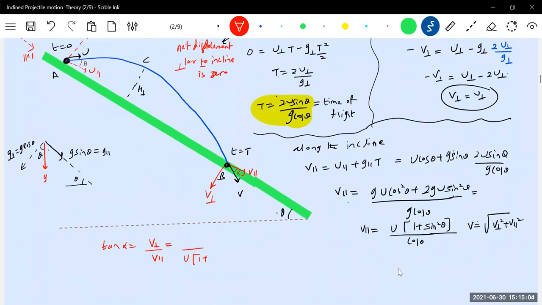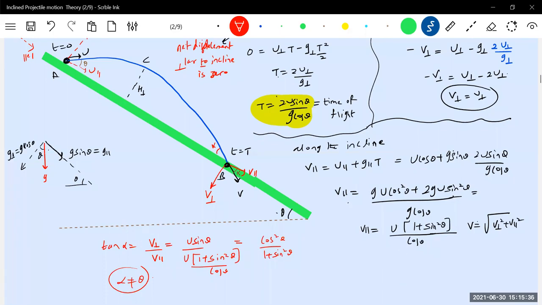I'll substitute the values. 1 plus sin square theta by cos theta. So this will become cos square theta. Will you agree that alpha should be equal to theta? Need not be. This alpha, you can also show it to be here. Am I right? So theta and alpha will not be equal.